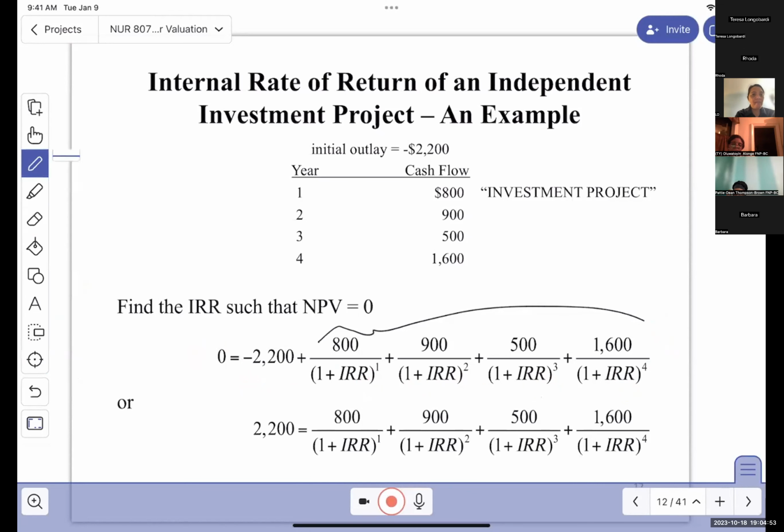So let's work backwards. I want this to go up, so that means these have to go down. And as these go down, this becomes bigger and it will offset this and give us 0.